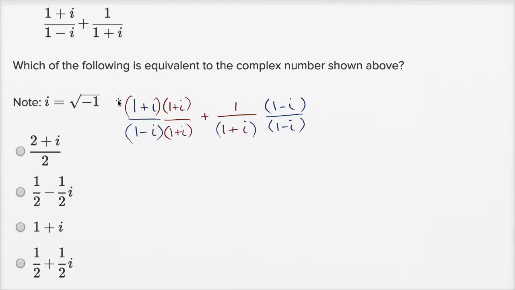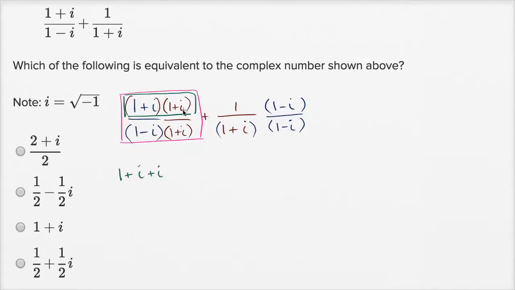Let's figure out what this is. For this first numerator, we're going to have 1 times 1, which is 1. 1 times i is i. i times 1 is i.